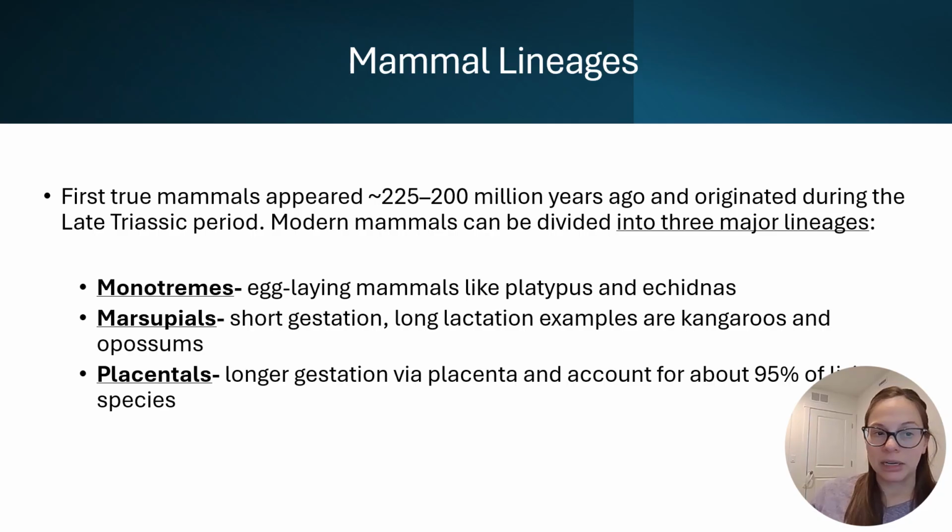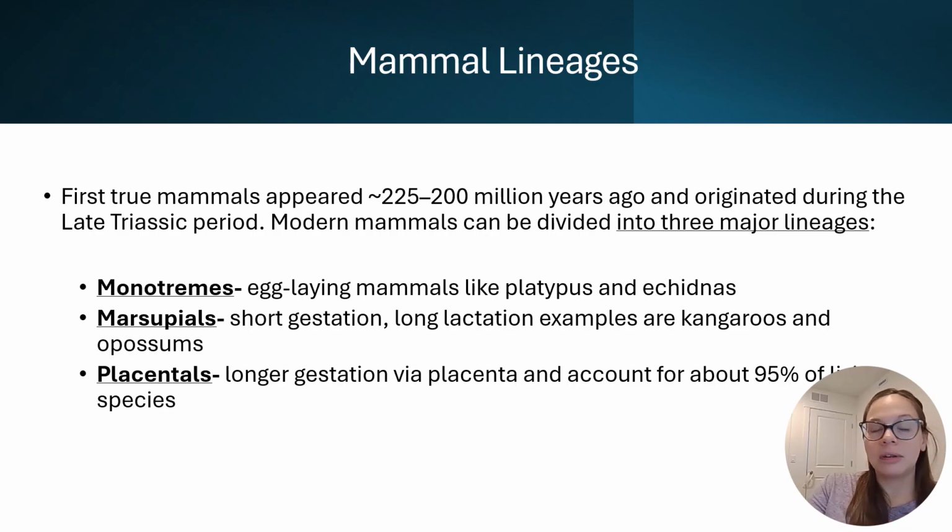So, mammal lineages. The first mammal appeared about 225 to 200 million years ago, and it originated during the late Triassic period. Modern mammals can be divided into three major lineages, and I have those lineages listed here.